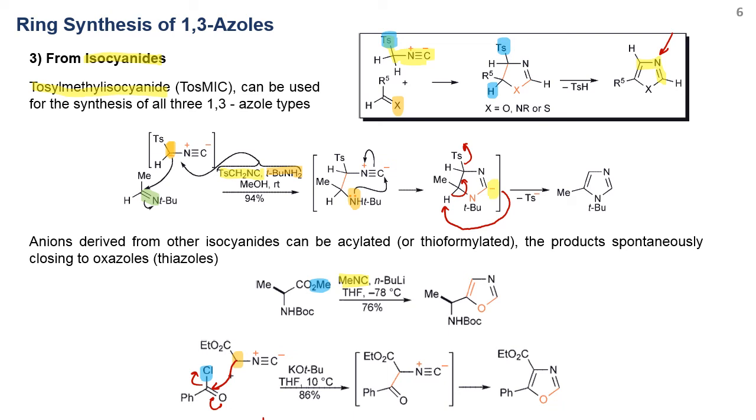From here, this can become an enolate and attack the terminal carbon here to form the negative charge, which can accept a proton from something else. And then you get the oxazoles or thiazoles using this kind of strategy.